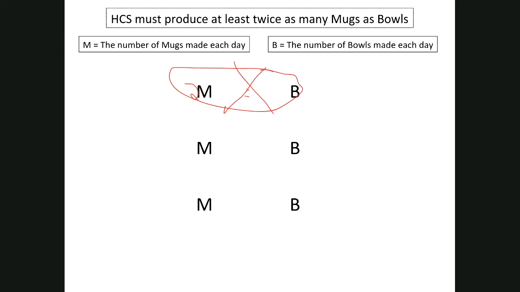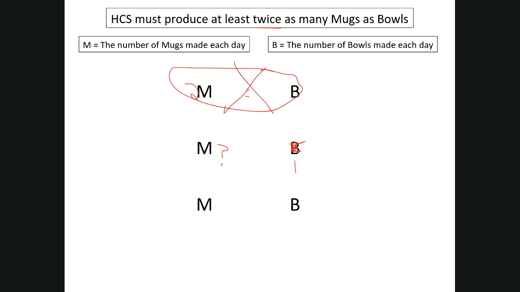Well, let's think about this. Remember, what's the definition of a variable? A variable is just a letter or a symbol that stands for a number. So rather than using b, let's use an actual number. Let's suppose you make 1 bowl, and given this requirement, at least twice as many mugs as bowls, what then will m have to be?